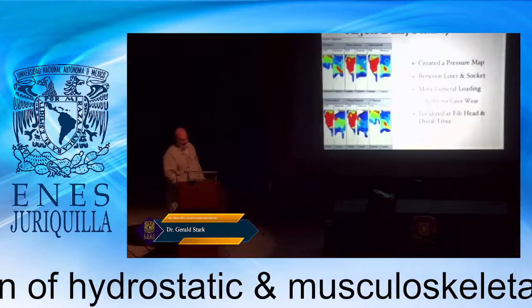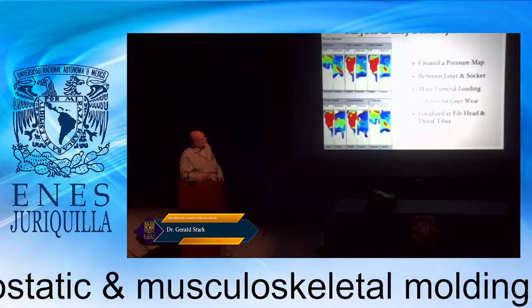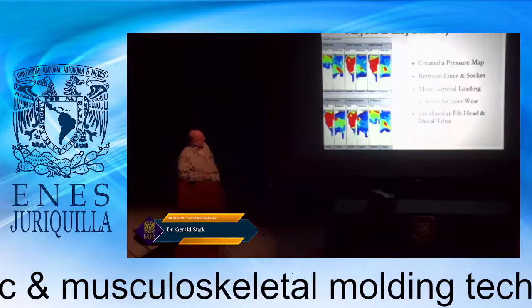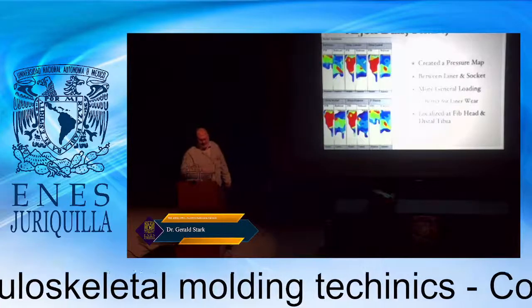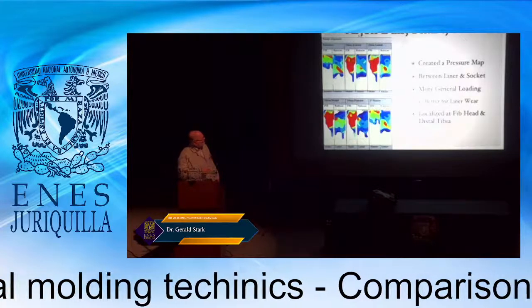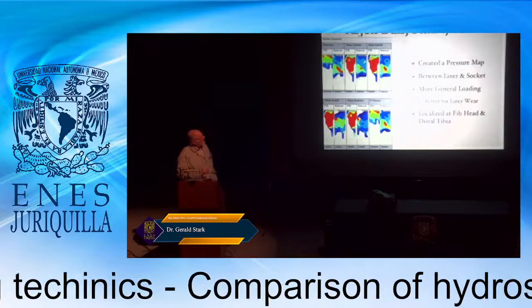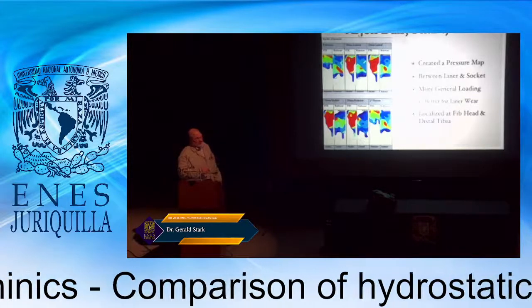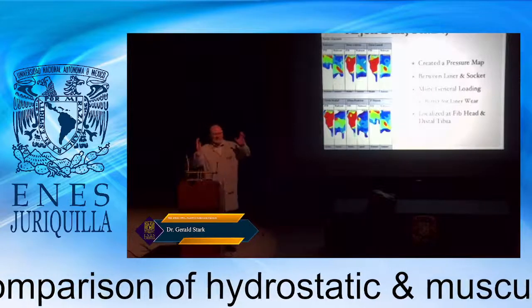Now in 1999, Aaron Buis from the Netherlands tried to show how socket designs that were using the 2-stage casting technique were worse. So he used the PTB method and he showed there were increases in loading at the medial flare. He measured between the liner and the socket and how other designs actually spread this out.